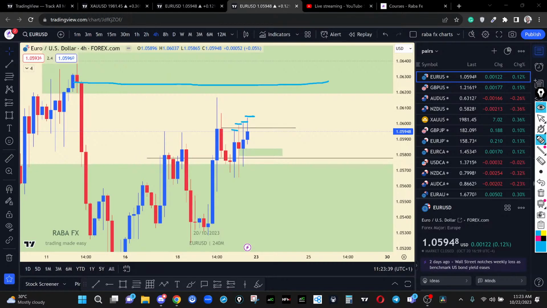So we can double up more buys here, because this is more like a trending market in the lower time frame. We can expect price to come in here and then move higher. All right, so this is what I really want to do. I want to round it up so that you have a proper guide, a proper analysis on what to expect in the market. So that is that.